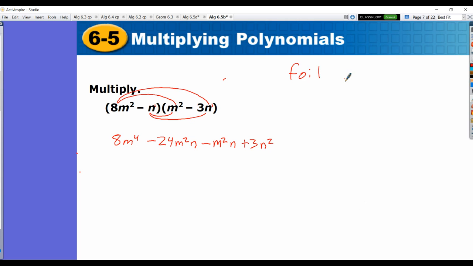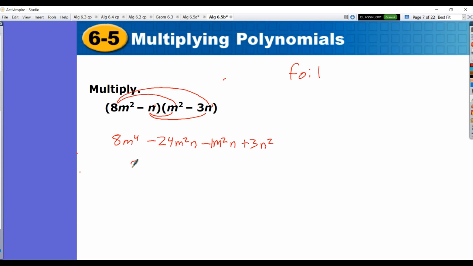Now we take a look and see if we can combine some like terms. Here's why I kept my letters organized in alphabetical order, because I can see that m^2n matches up perfectly with m^2n, so we can combine these like terms. We could put a 1 right there if it helps us do the math, because we have negative 24 and negative 1. So negative 24 and negative 1 together is going to get me negative 25.